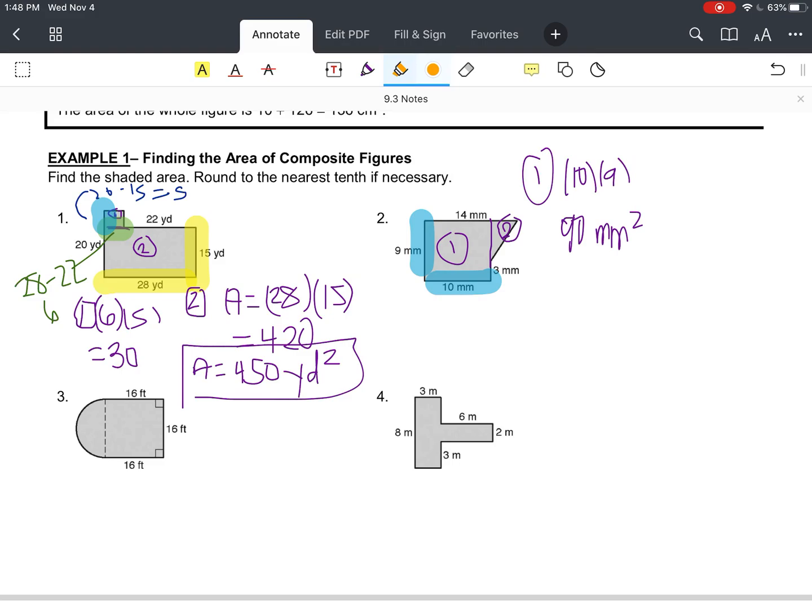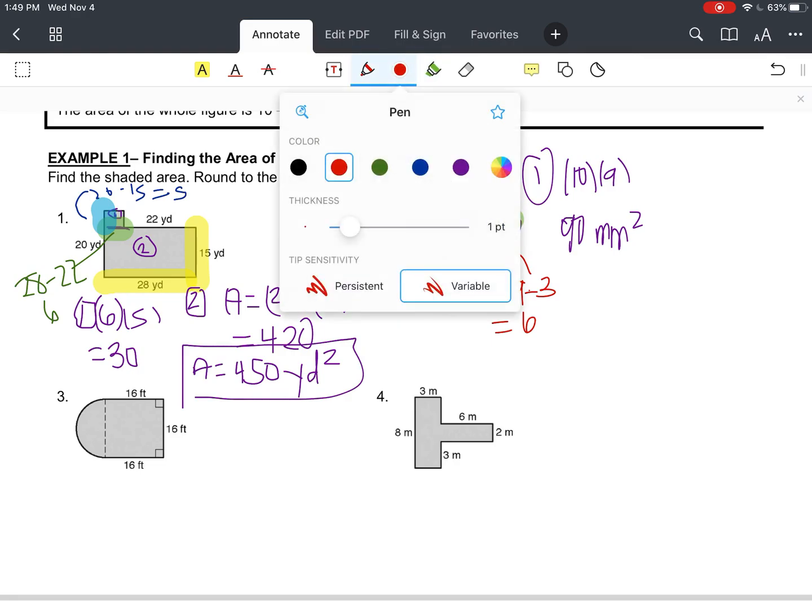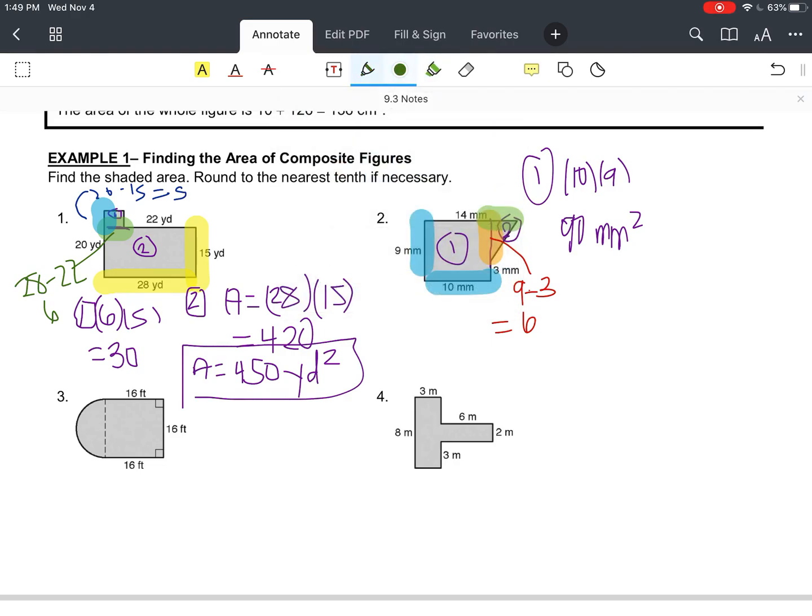Now, to find the base and the height of the triangle, let's find the height first. They told me the whole thing was 9, and the part that I'm not using is 3. So I can say 9 minus 3 will give me the height, which is 6. To find the base, the whole thing was 14, and the part I'm not using is 10. So 14 minus 10 would be 4.